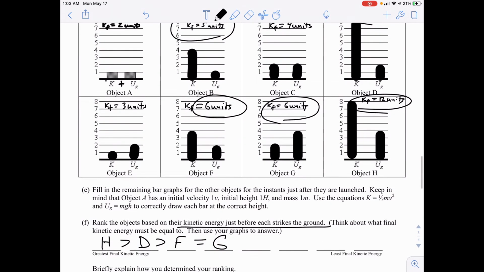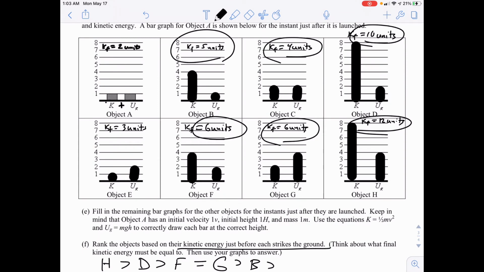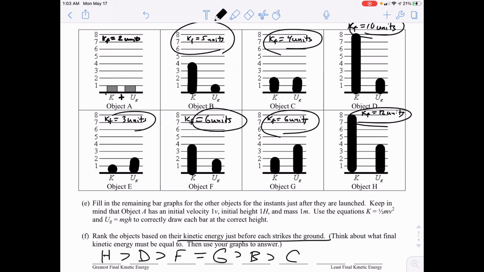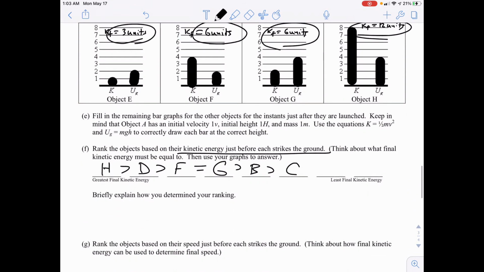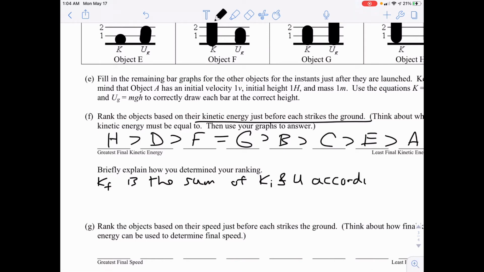Followed by B, followed by C, then E, then A, in that order. And again, kinetic energy final is the sum of kinetic energy initial and potential energy, according to the law of conservation of energy.